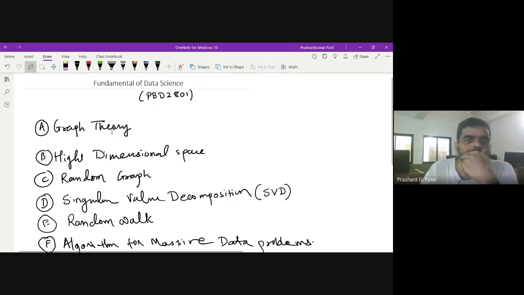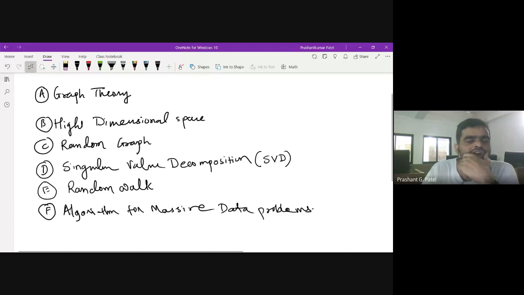As this course is divided into these main topics, let us give an introduction to each of these and some of the motivation to study this paper. The first topic is graph theory. In graph theory, the basic concept is what is a graph.